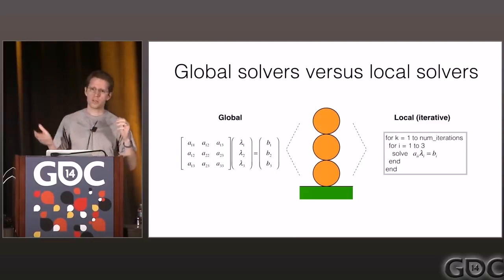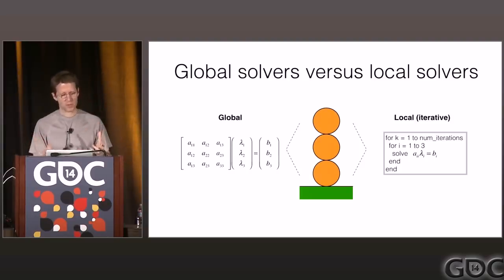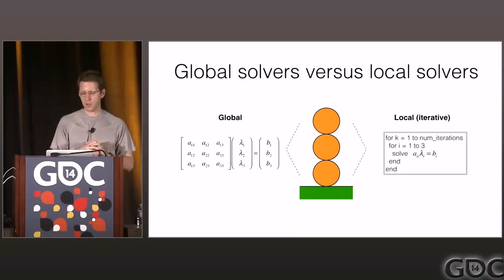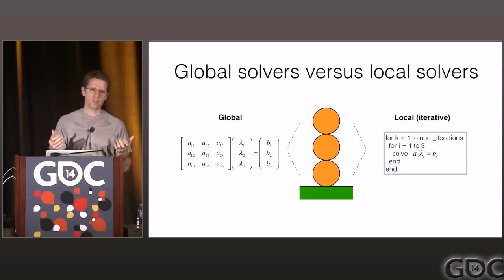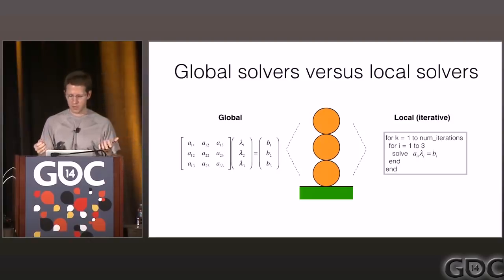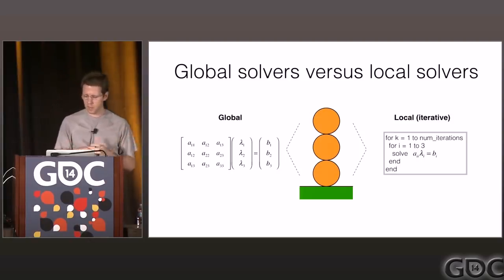To actually solve this accurately, you have to build a matrix equation and solve that matrix equation. If you had 100 constraints, you'd have to build and factor a 100 by 100 matrix. And this will likely be too slow for most games.